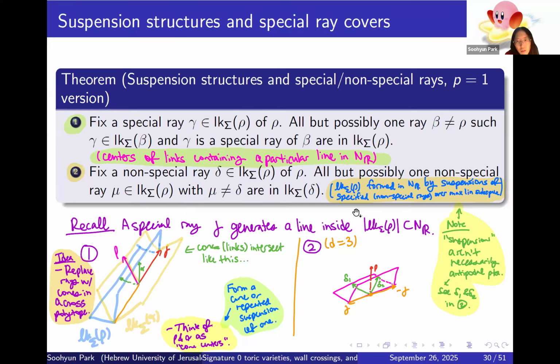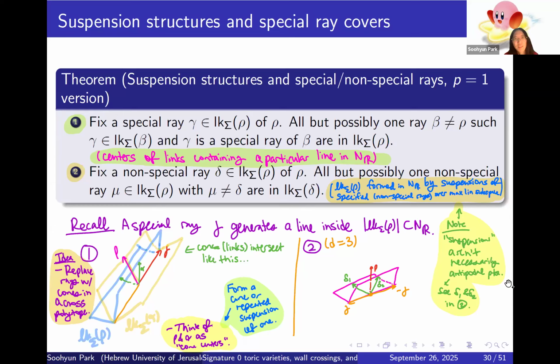And here, the point of this picture for part 2 is that the things that are attached to a particular linear subspace, when we look within a particular cone and not in between cones like part 1, is that the suspensions are more in a combinatorial sense.